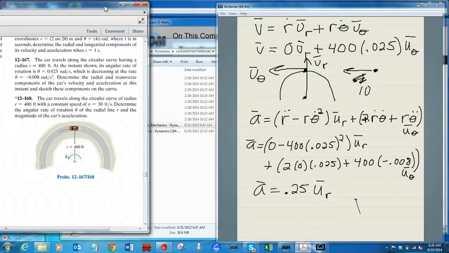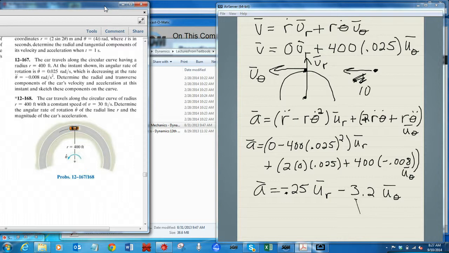Let's see. Minus 400 times 0.008 is 3.2. And minus 0.2. Now they want me to sketch: minus 3.2.